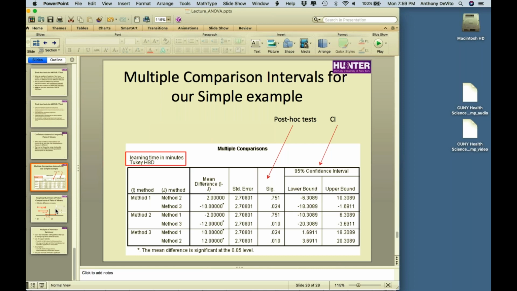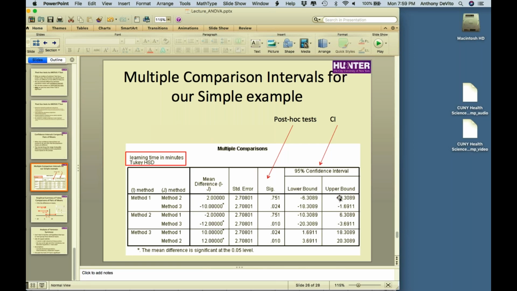Okay, so here's our result for our significance. Here are our confidence intervals. And notice that for the situations where we cannot reject the null hypothesis, method 1 and method 2, our confidence interval for the difference, in other words mu1 minus mu2 equal to 0, is -6 to +10.